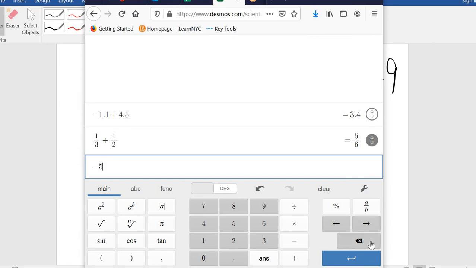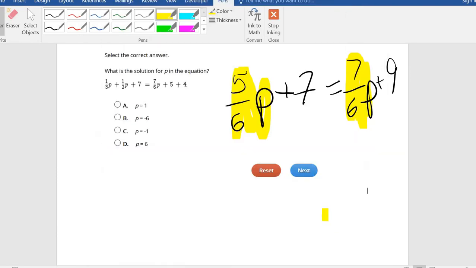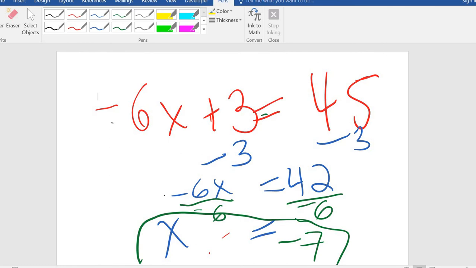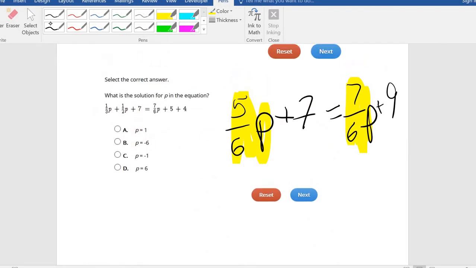So hit AB and I write 5/6, and we're subtracting that from 7/6. AB 7/6. So I can either click it or hit down. So my answer is 1/3. So 1/3. Oh, my bad.